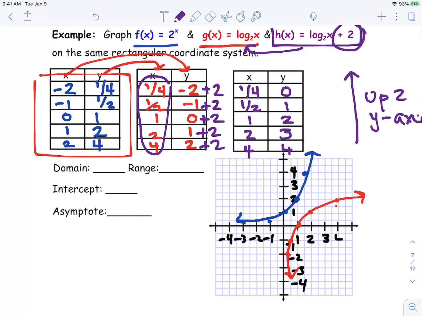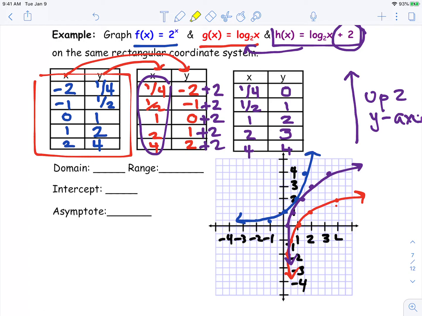And then we graph those ordered pairs. Over 1/4, up 0. Over 1/2, up 1. Over 1, up 2. Over 2, up 3. Over 4, up 4. So it's taking that red function and moving those ordered pairs up 2 units.